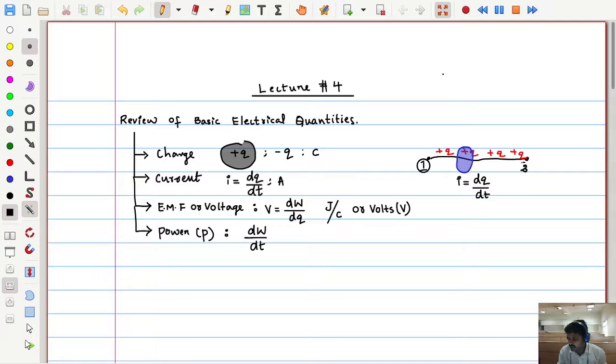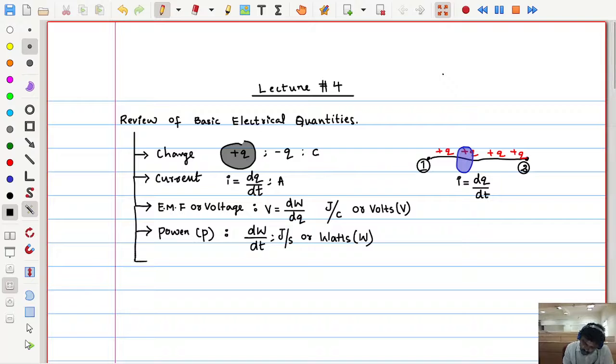How much that rate of work done is for the movement of this charge, we call power. The power units are joules per second, or simply watts. The letter W usually represents the power units.